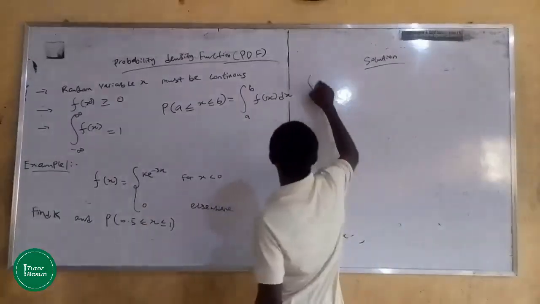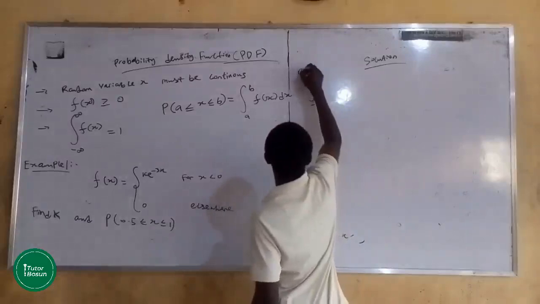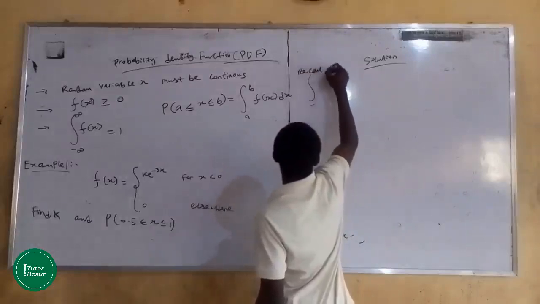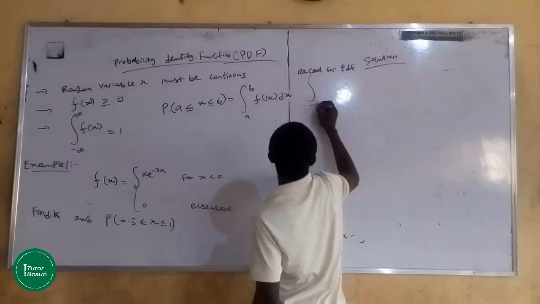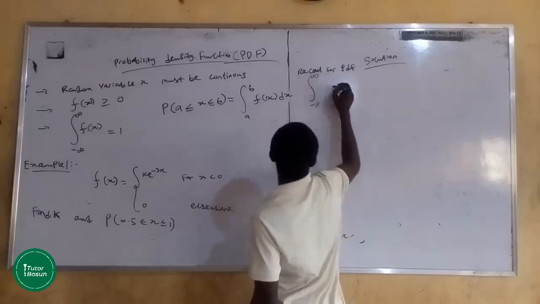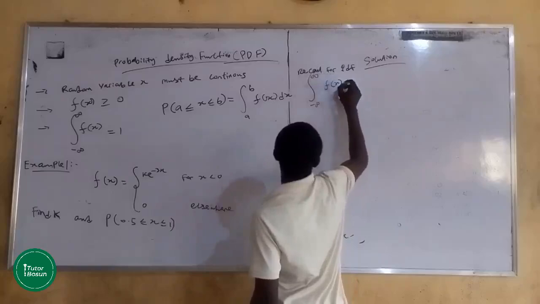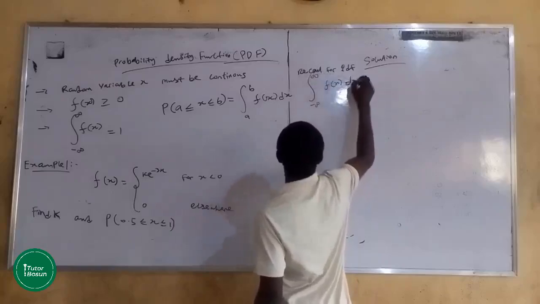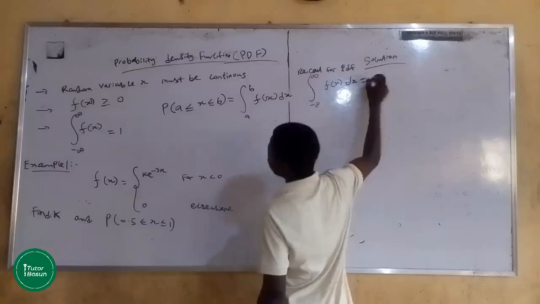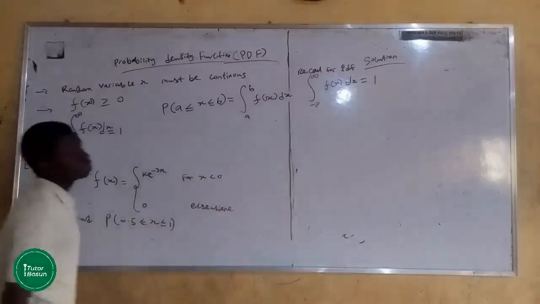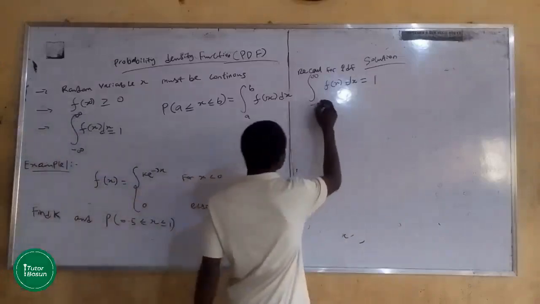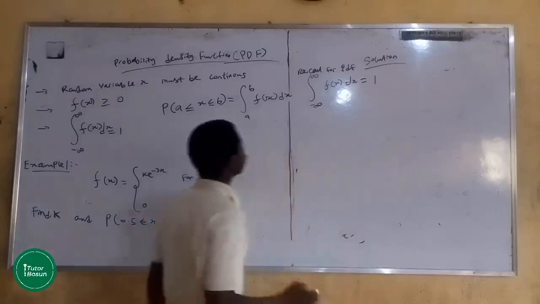So recall, for PDF, the integral from minus infinity to infinity of f of x dx must be equal to 1. Sorry, I didn't include dx here.